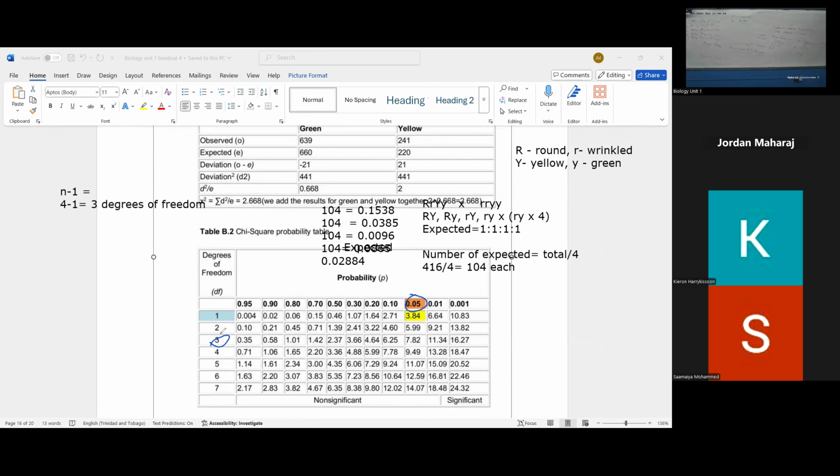The value we're working with is 7.82. So we compare the 7.82 to the 0.0884. Which one is higher? Which one is lower? Is our chi-square value higher or lower than the table value?